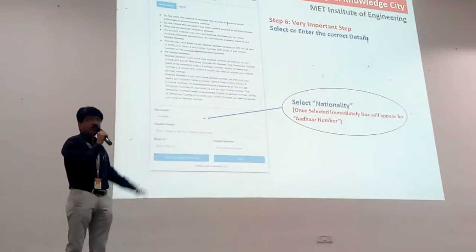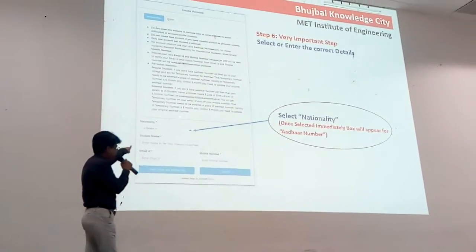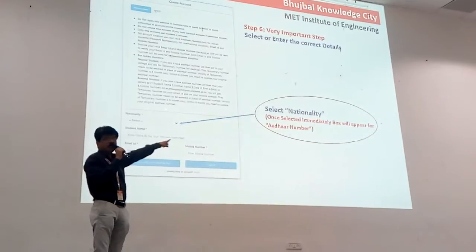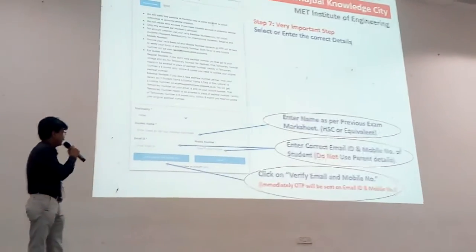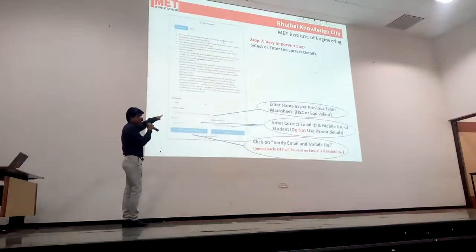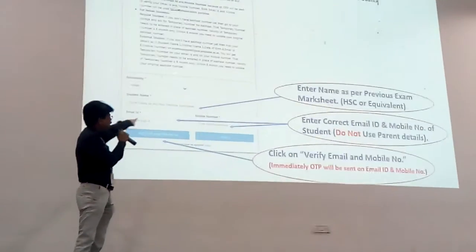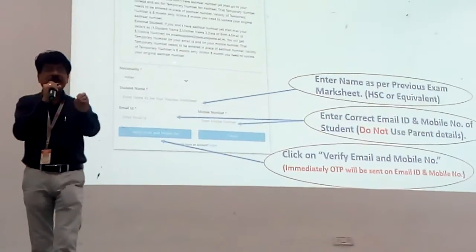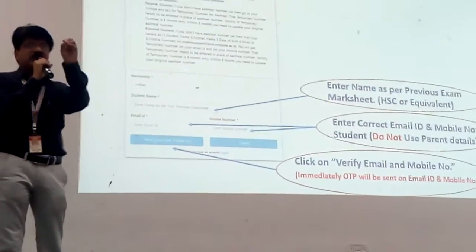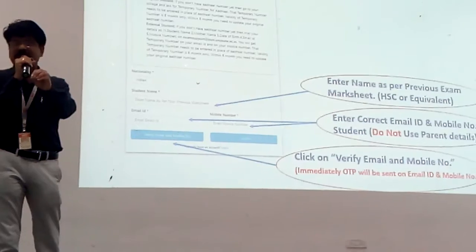Okay. Next, you will get this window. Here, the very first thing is to select your nationality. A drop down menu is there. Select your nationality as Indian. Once you select your nationality as Indian, then immediately you have to enter your name, whatever is there as per your previous 12th mark sheet or equivalent.